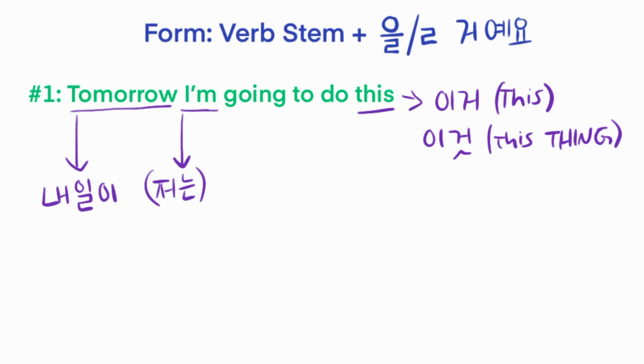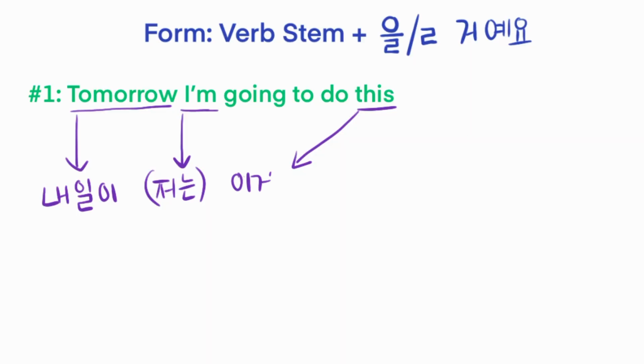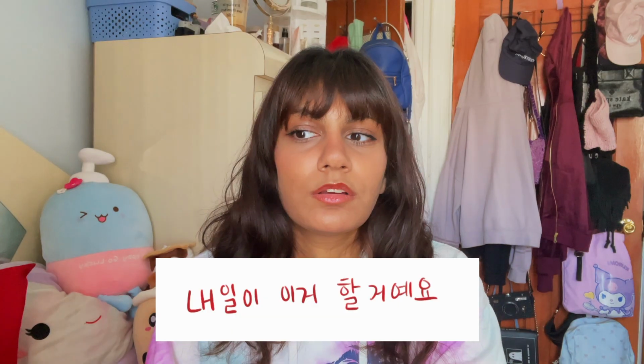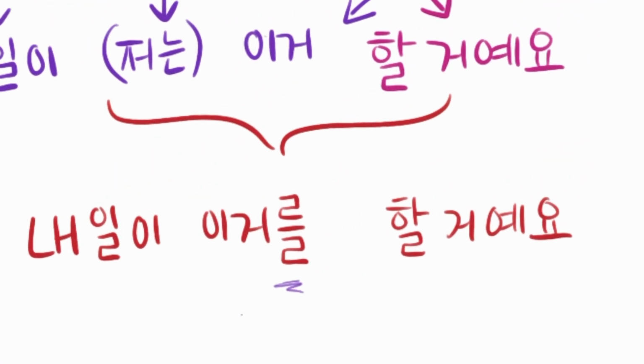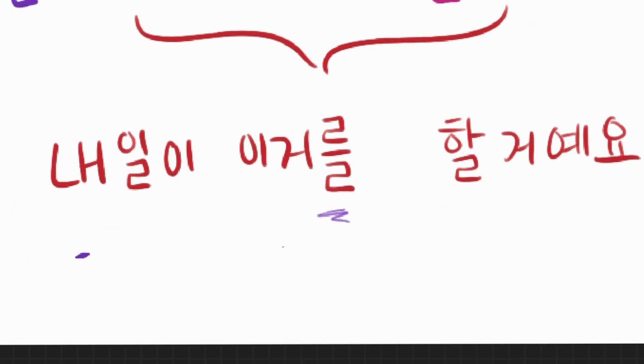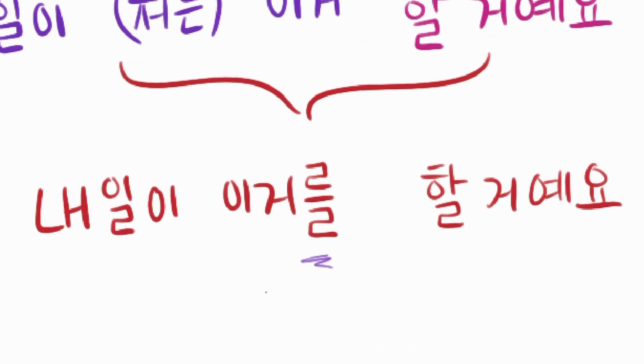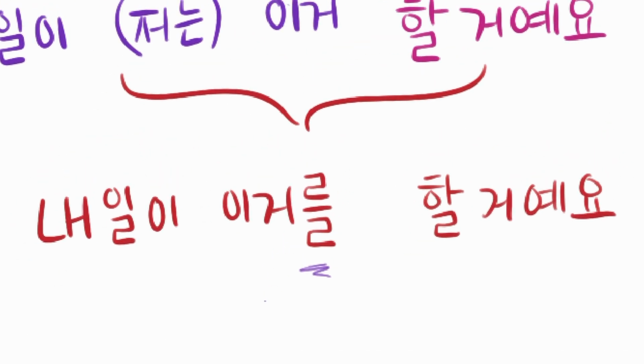If you want to say this thing, you can say 이것. So 내일이 이거 할 거예요. I'm going to do this tomorrow. I forgot to mention that 하다 is an action verb, so in this case you have to use the object particle. So really it's 내일이 이거를 할 거예요.